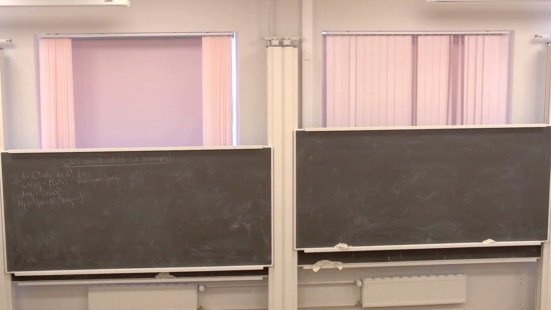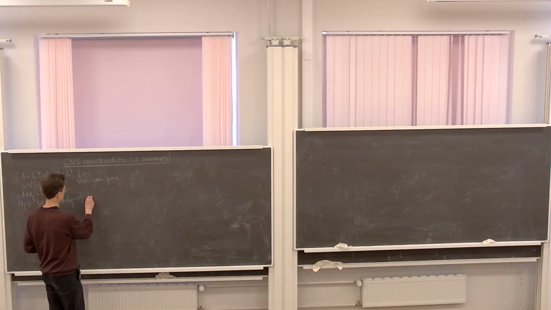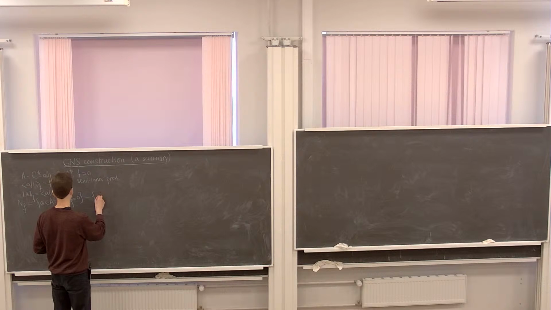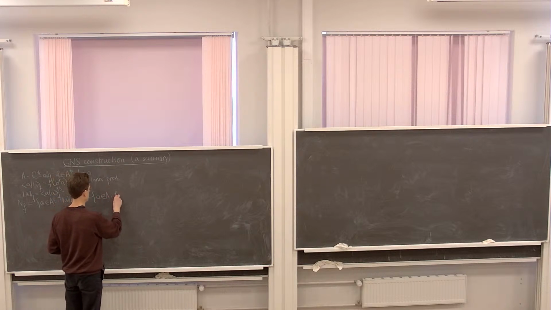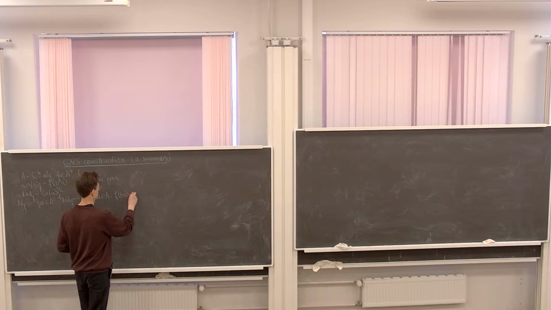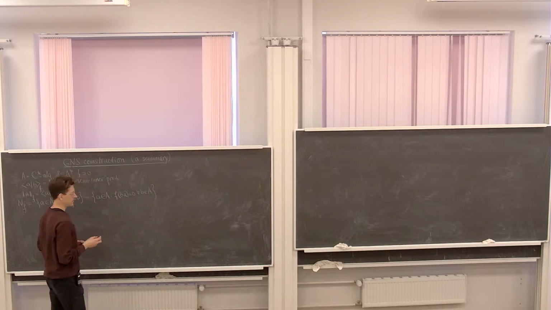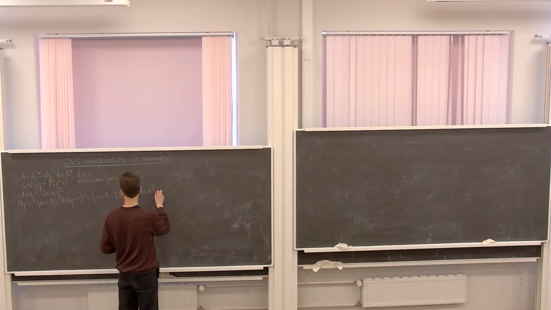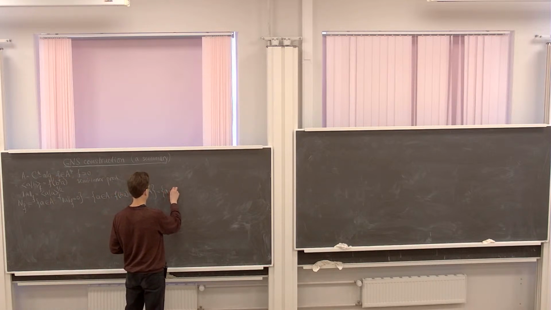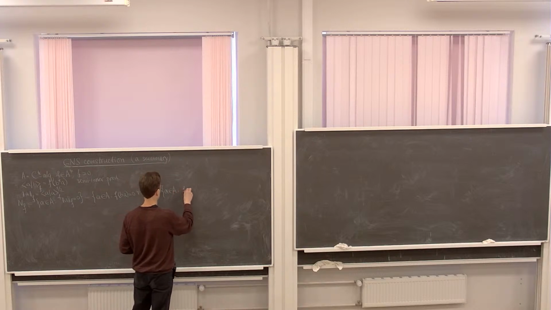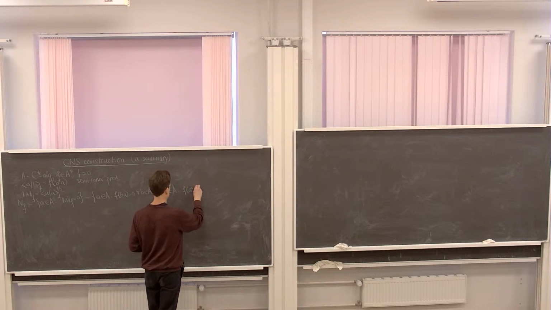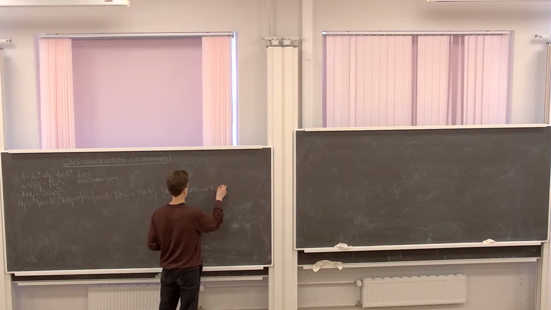And by using the Cauchy-Schwarz inequality, we observed that the same subspace can be interpreted as follows. It consists of all elements A such that f of BA is 0 for every B in our algebra. Or equivalently, this is the set of those elements A such that f of A star B is 0 for every B.